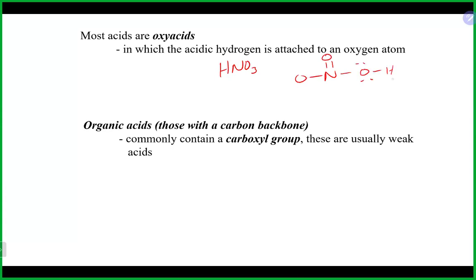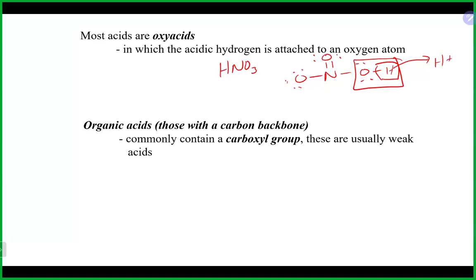It looks something like this. By the way, this bond right here, and this hydrogen is the one that comes off. That makes it an acid, the one that's connected to the OH group, the important polar group that's there.